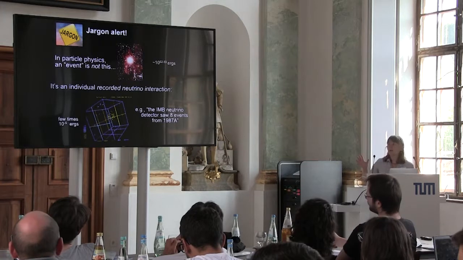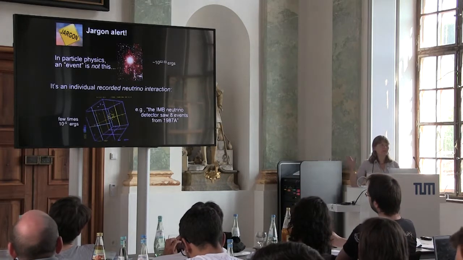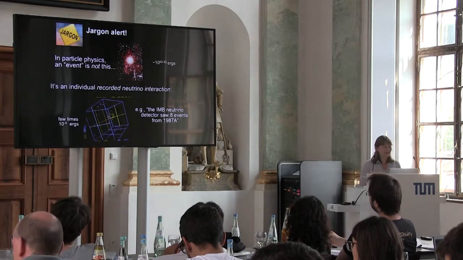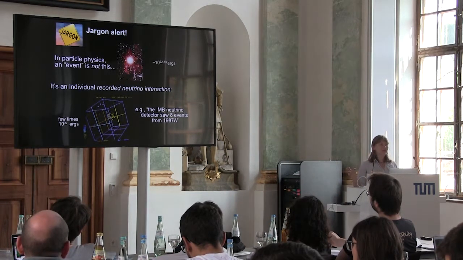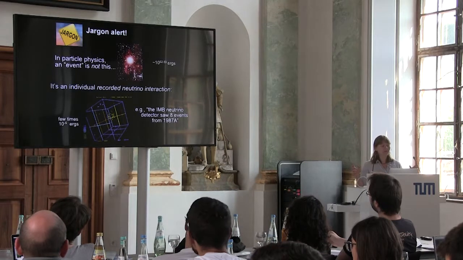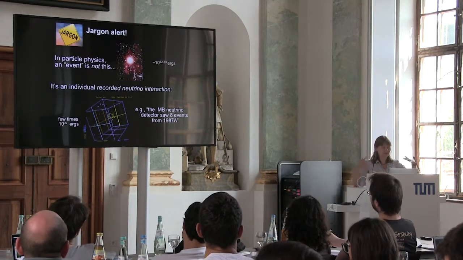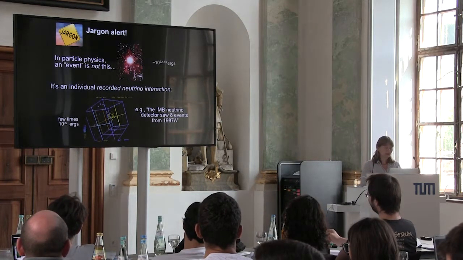Now, this is a slide that I always need if I'm talking to astronomers. I think probably not so many of you are astronomers, but I will say this anyway. When I talk about an event in particle physics, that does not mean the whole supernova. That's what it means to astronomers. What I mean by an event is a single recorded neutrino interaction.